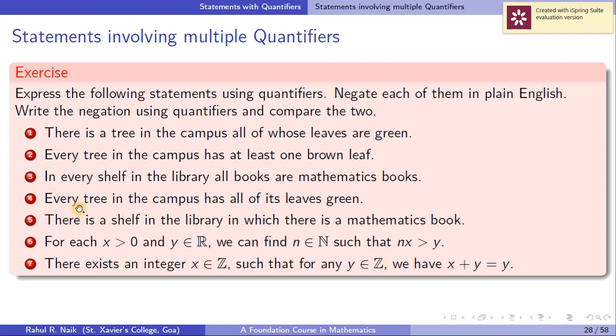Every tree in the campus has all of its leaves green. You can write this with the standard notation of mathematics. Both places you will have for every, no problem. You might not be comfortable reading that statement, but when you put it in quantifier form, it is understood that it can be read in this way.